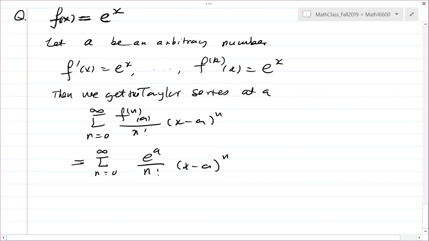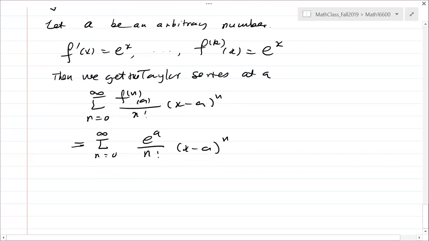You can even take the constant out if you want. So this is a candidate. My question is still whether the function is equal to that, and over which interval. So we assume that the absolute value of x minus a is less than or equal to some d, for some d.